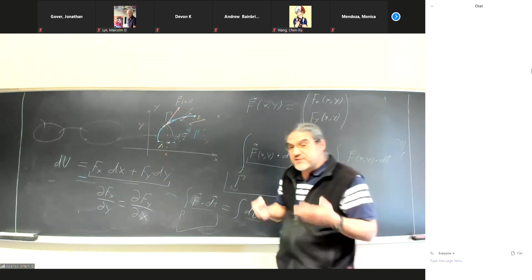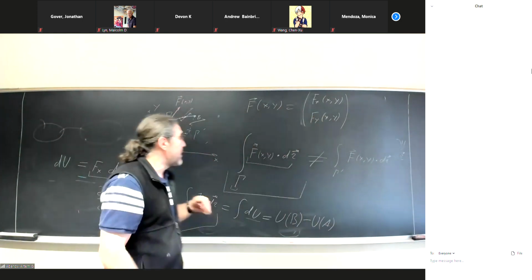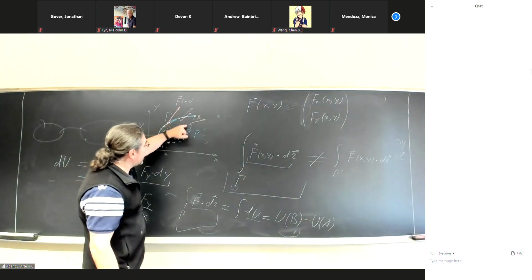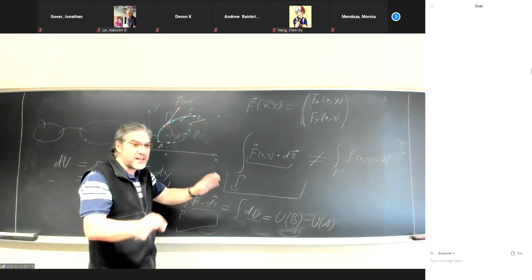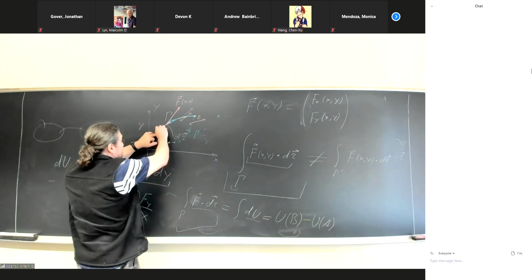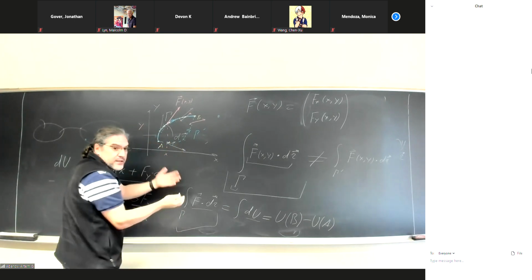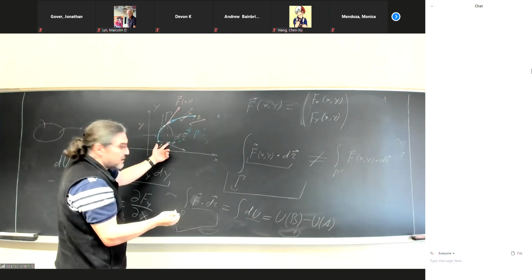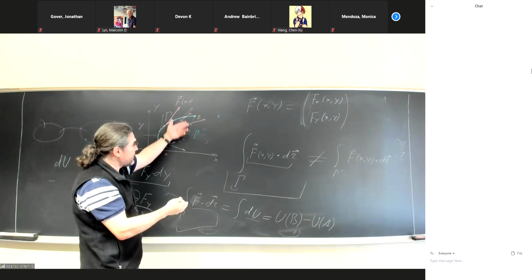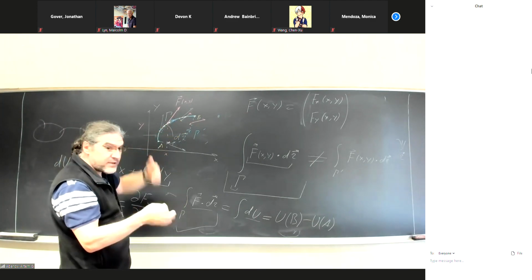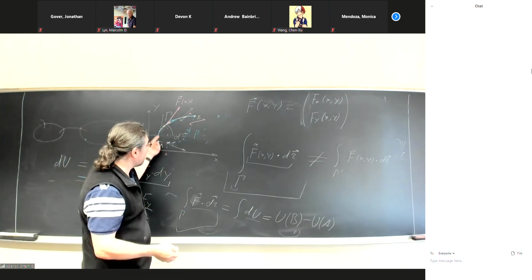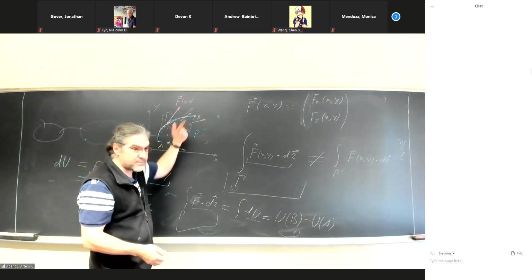And then, again, this is a very, very strong statement if you think about it, because the constructions for different paths are completely different, right? Here you have this dr, here you have this dr, here you have this vector field, here you have this vector field. So on every step, every term will be different when you go along this path and when you go along this path.